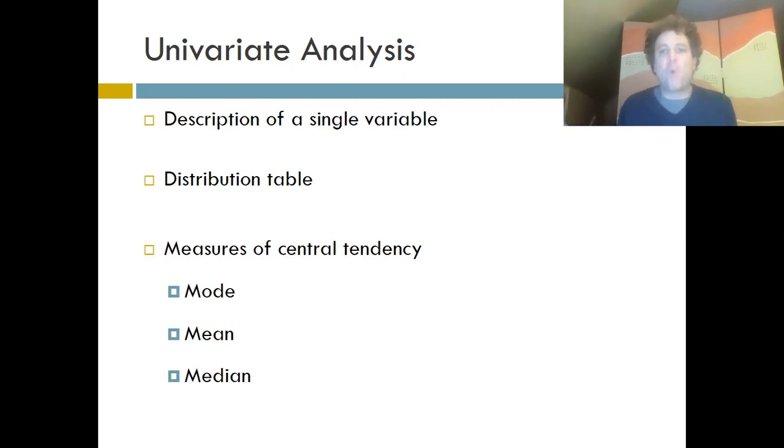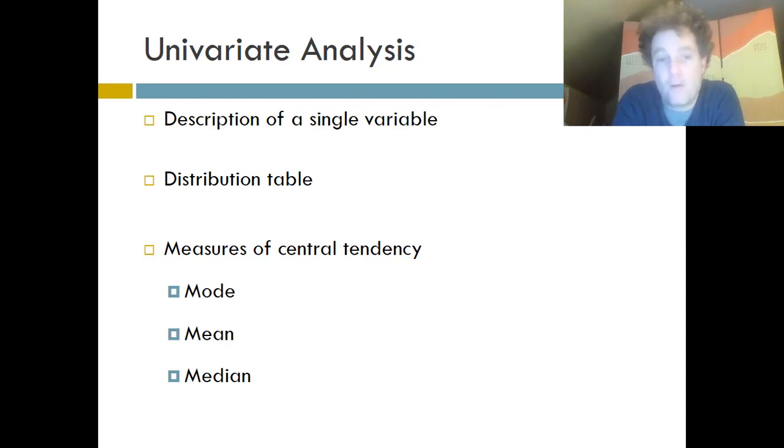We use this term average, or normal, or whatever. But actually, there's not one measure of central tendency. There are 3 different measures: the mode, the mean, and the median. Let me describe what these are, and then we'll see them in action with another question. The mode is the answer that is most frequent.